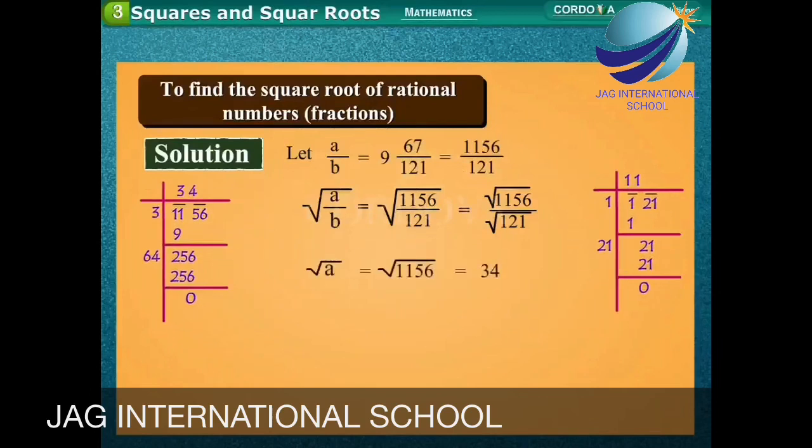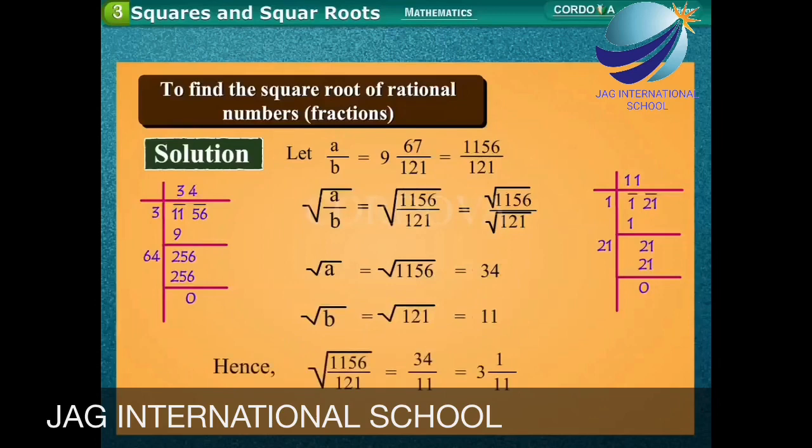Square root of a is equal to square root of 1156, which is equal to 34. Square root of b is equal to square root of 121, which is equal to 11. Hence, the square root of 1156 upon 121 is equal to 34 upon 11, which is equal to 3 and 1 upon 11.